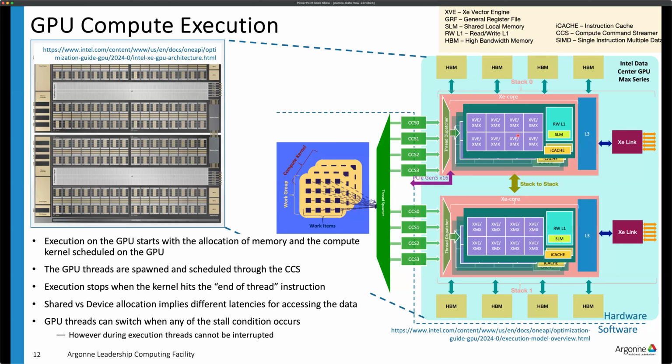So applications that are very sensitive to memory latencies tend to optimize to a particular stack and then handle the allocations. If they're more throughput based, then you could potentially use the entire GPU's allocation and run the kernels across both stacks to compute and execute.